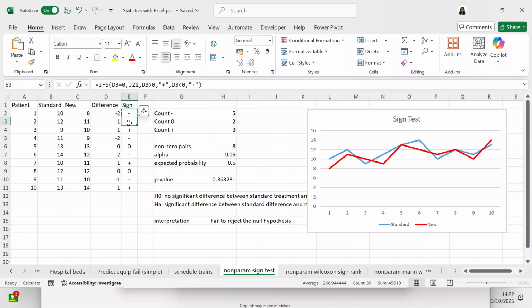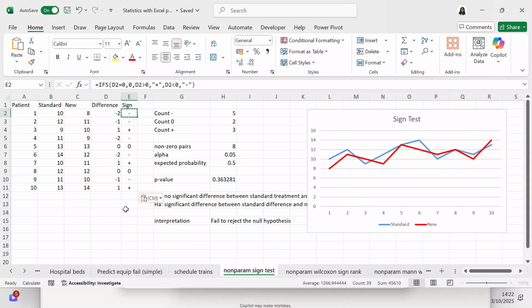I don't know why J20 got in there, but we corrected it. So if D2 equals 0, it's a 0. If D2 is greater than 0, it's a plus. If D2 is less than 0, it's a minus. So you're going to have either a plus, a minus, or a 0 in the sign.